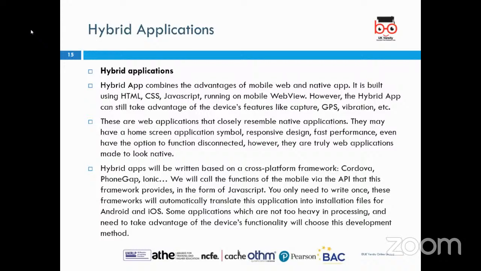For example, if we're looking at companies such as booking.com, you can make a booking from the web browser, and then you have the ability to make that booking also from your mobile application. So hybrid is simply the combination of a web app with a mobile application.